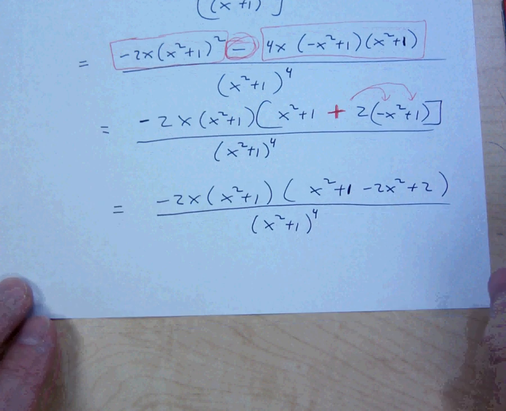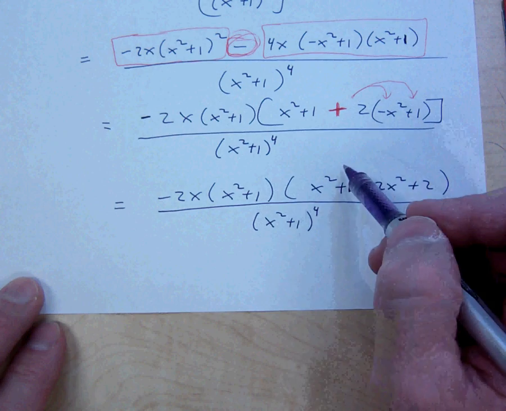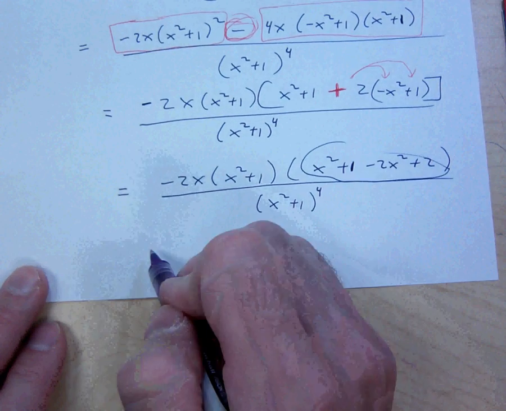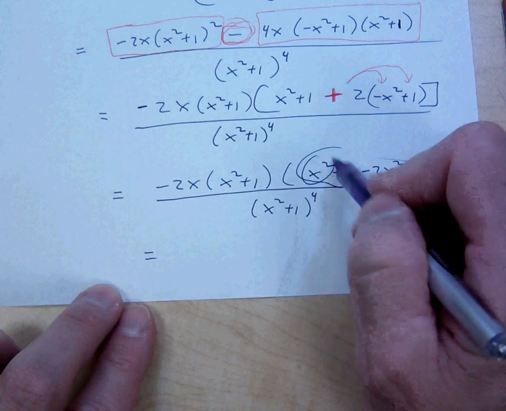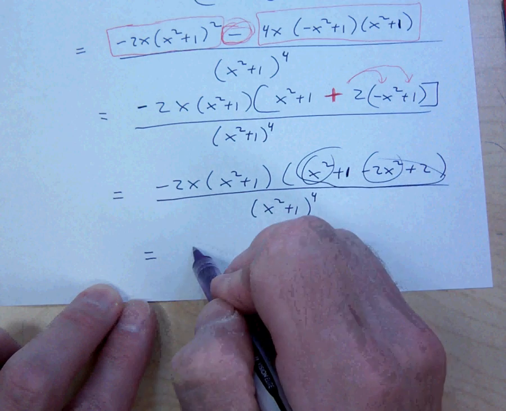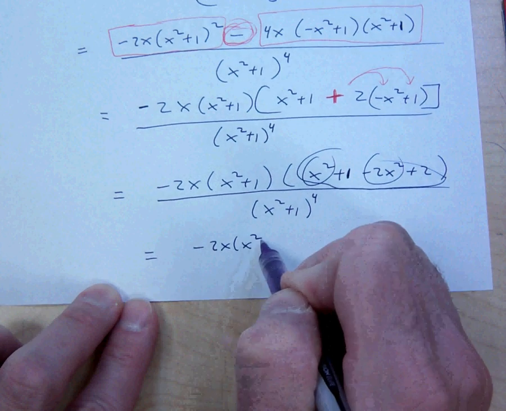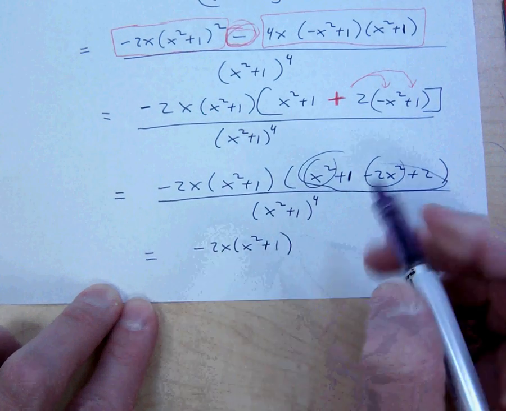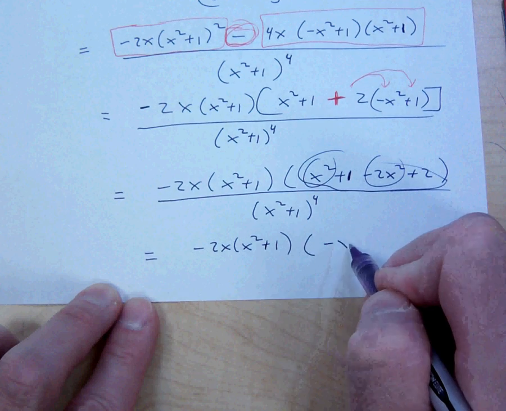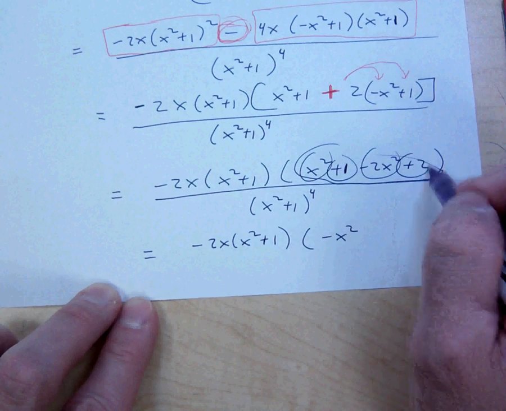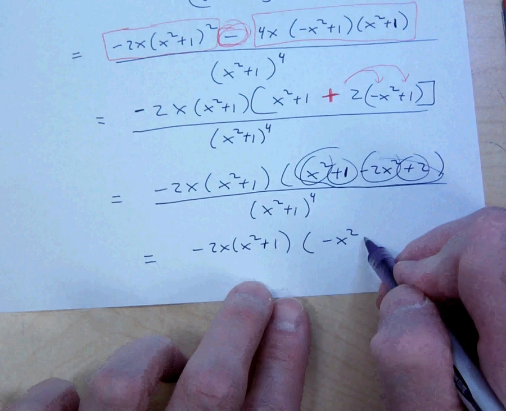All right, now, is there anything I can combine in here, guys? Yeah, what can I combine those into? I can combine those, can I? And so that gives me what? A negative x squared, and then I can combine these into a what? Plus 3.